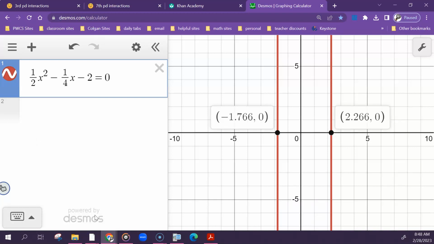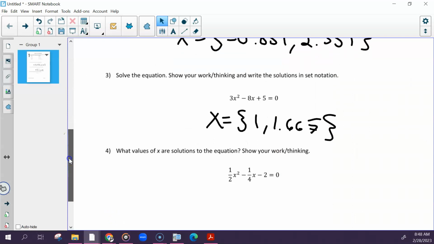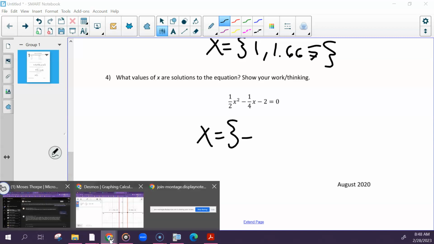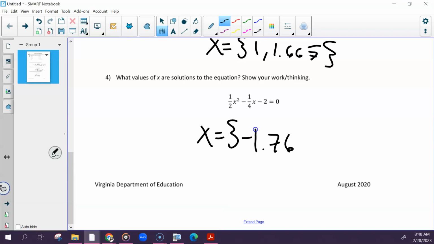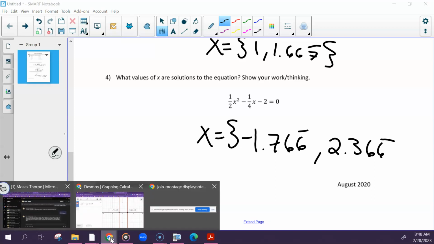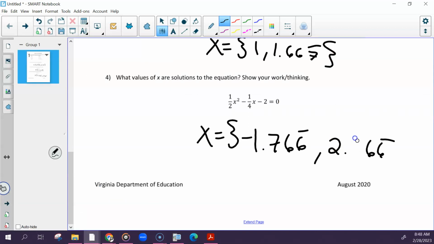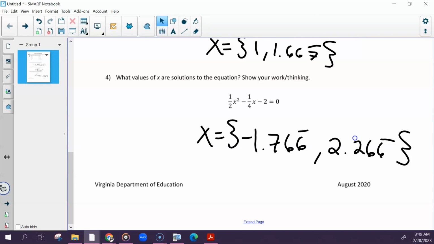So negative 1.76 repeating and 2.26 repeating. Questions on any of these?